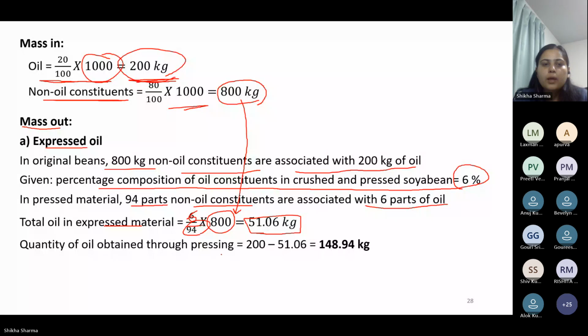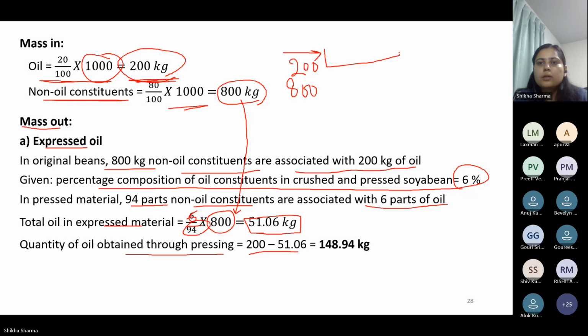So the 51.06 kg is the total oil remaining in the material. What is happening is that we have around 200 kg of oil and 800 kg non-oil.